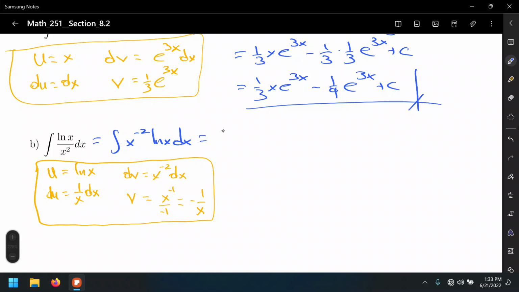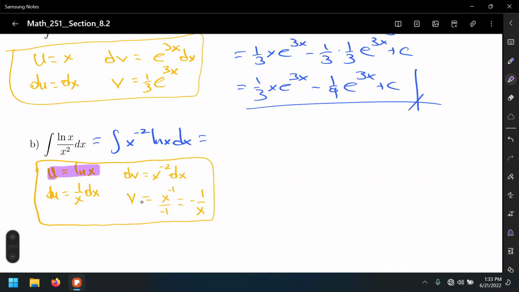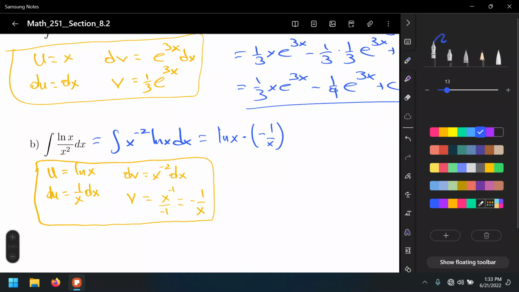So the integral of x to the negative 2 times ln of x with respect to x will be, on the one hand, u times v, which is ln of x, times, I would put parentheses around this one, because a very common mistake is to divide out these two.